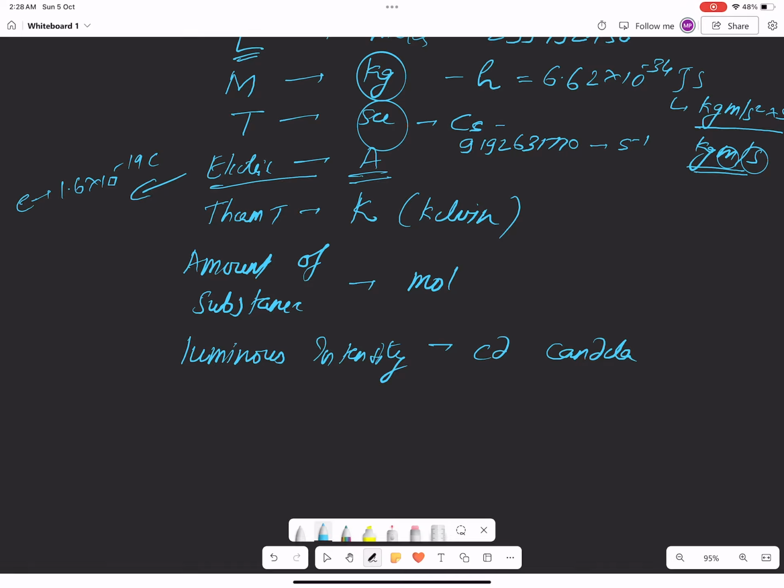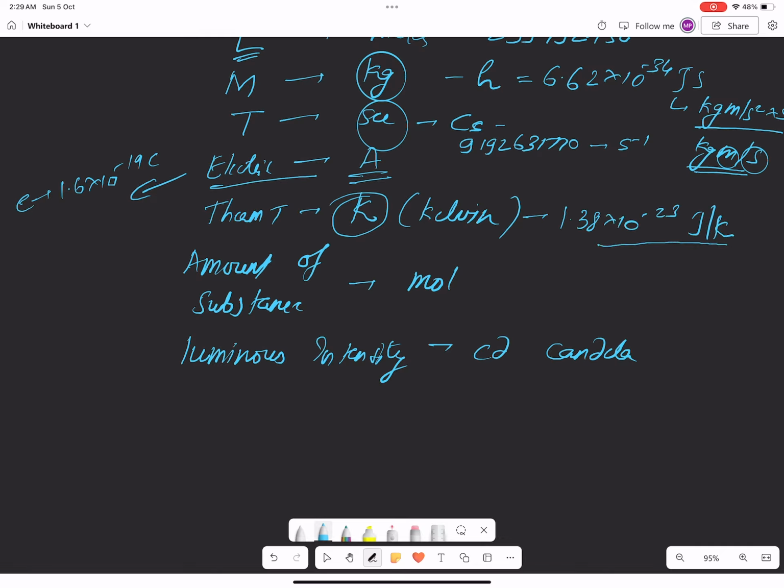Next is thermodynamic temperature, that is Kelvin, which is represented by symbol K. It is defined by taking the fixed numerical value of Boltzmann constant k to be 1.38 into 10 to the power minus 23 joule per Kelvin. This is Boltzmann constant.